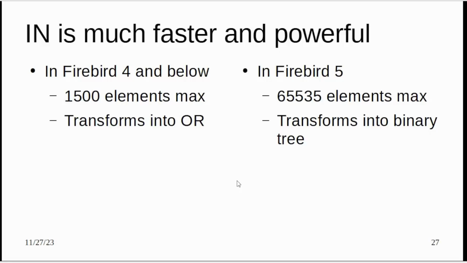Also, the maximum number of elements inside IN with constants will be 65,000 elements, and it really works much faster. You can see in the article some examples of how it works and the result of this improvement. Also, it does not require any effort from you to see the improvement in your application, and if your queries use IN, you will definitely notice the difference.